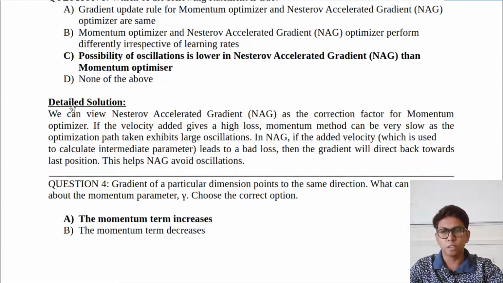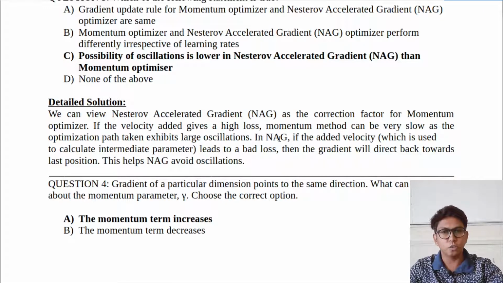Let's see why. We can view NAG as the correction factor for momentum optimizer. If the velocity added gives a high loss, then the momentum method can be very slow, as the optimizer path taken exhibits large oscillations.